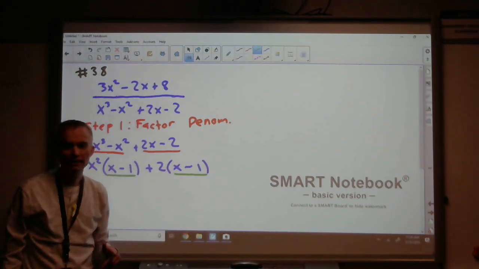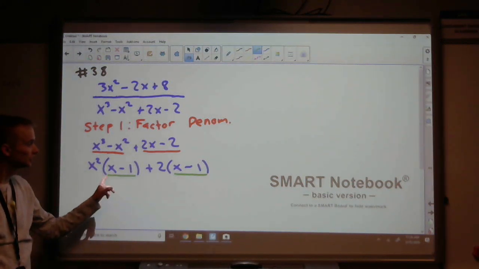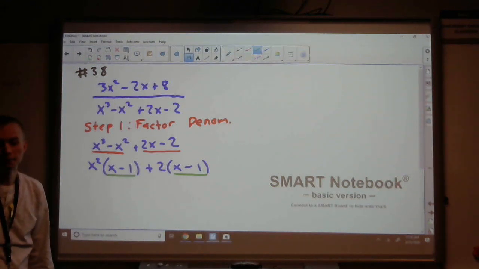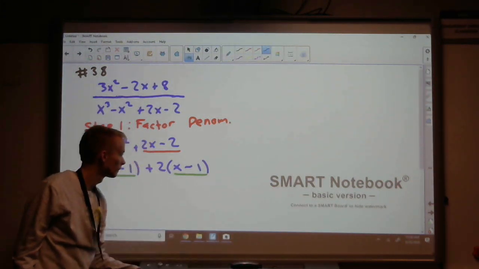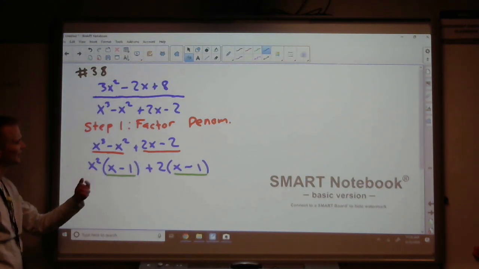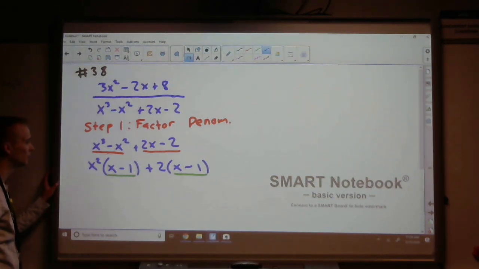x minus 1 and x minus 1. So factoring by grouping works here, okay? We can use it. If these aren't the same, you can't use it, okay? And you've got to do your P over Q thing. I don't think there's any on the homework where you can't. I think this is the most complicated one that you have to deal with anyway, so you should be okay there.